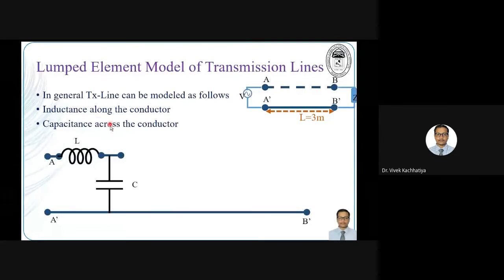Now I have incorporated the inductance effect by substituting a proper inductance value, and incorporated the capacitance effect across the conductor by applying some C value. So I am able to model my transmission line.